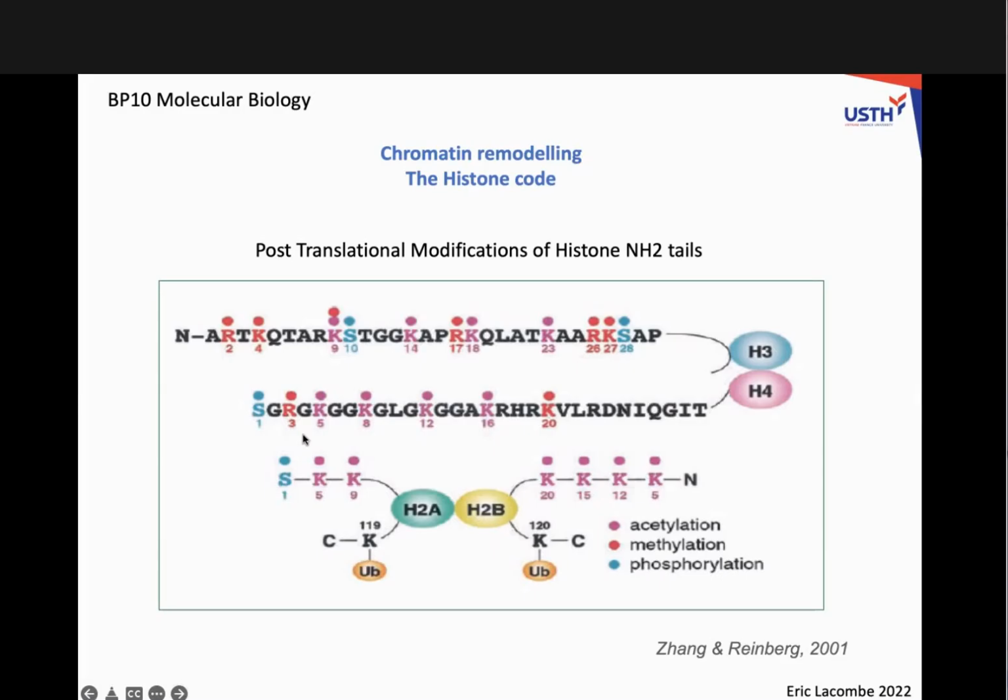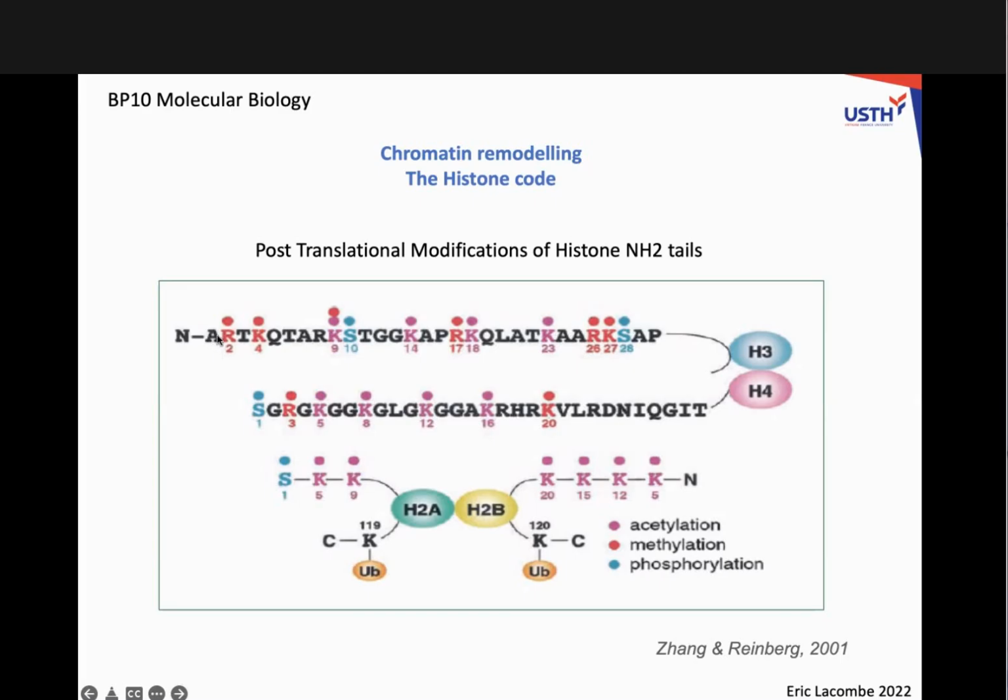Every histone in this drawing is designed like that. Let's take H3. This part, which is drawn like a ball, is the biggest part of the protein, and it is inside the nucleosome. And here, where you see the amino acid sequence, is the N-terminal part of the protein, what we call the NH2 tail of the histone.